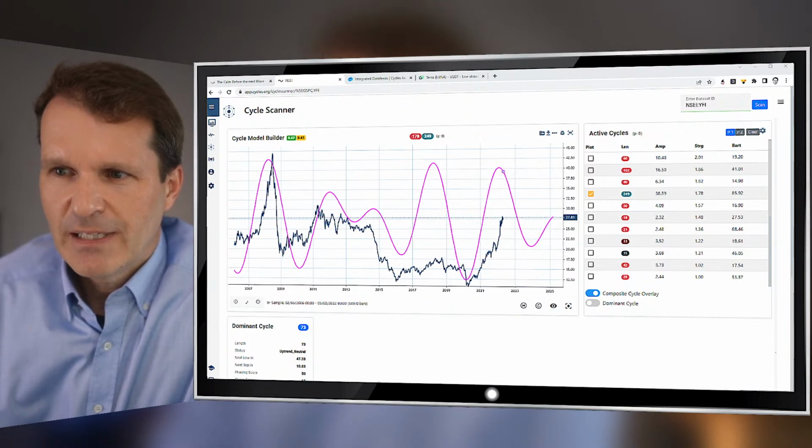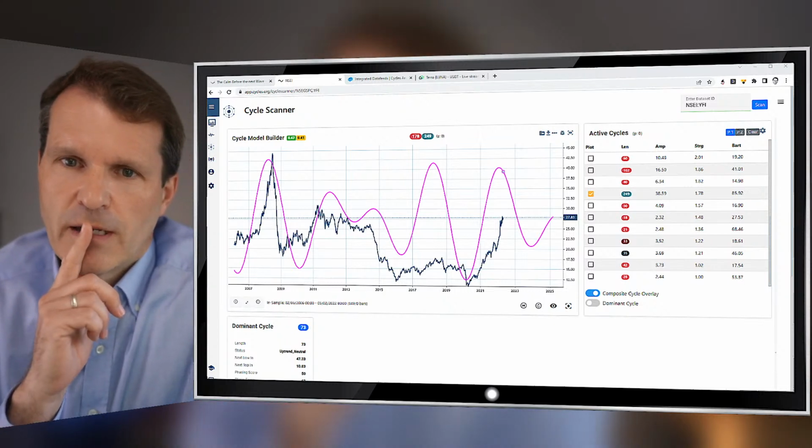Tesla weekly. Let me give an upfront comment.